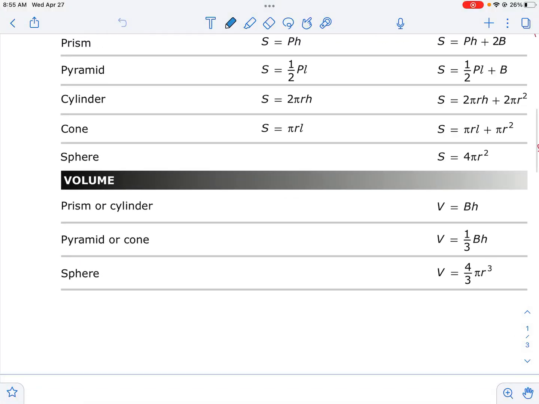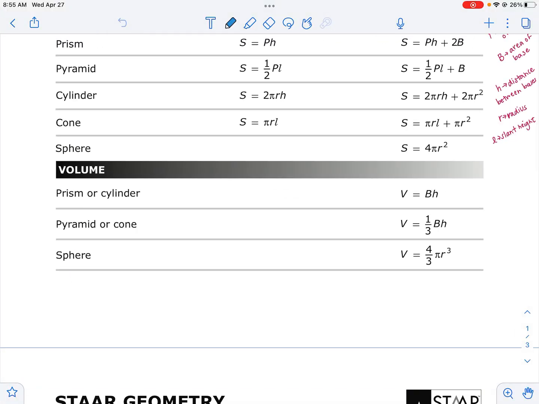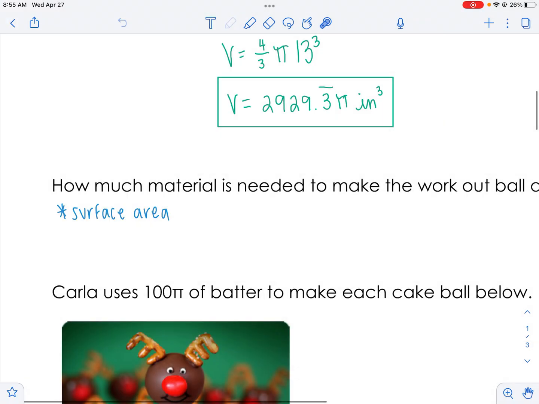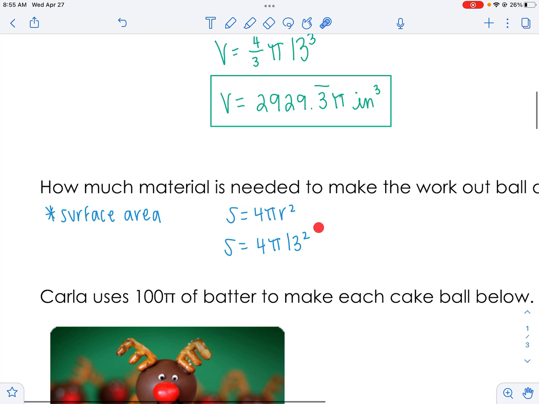So if we go and look at our formula chart for surface area, the surface area of a sphere is S equals 4 pi r squared. So surface area of a sphere is S equals 4 pi r squared. It's the same workout ball, so it's the same numbers as before. So it's going to be now 4 pi, the radius is 13 squared. And now I need to figure out what's 13 squared, and then I like to multiply it by 4.